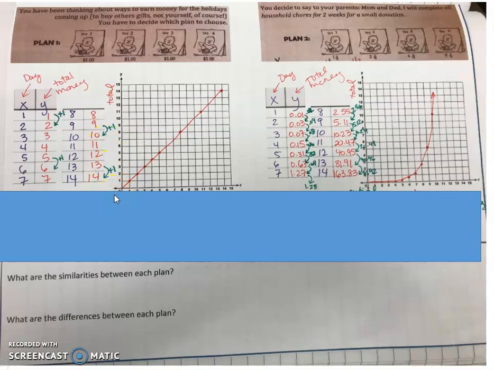For every single day, you get another $1, so you're just simply adding 1 to the previous day. For Plan 2, however, if you look at day 1, you started off with 1 cent. On day 2, you got 2 additional cents, so you doubled that amount, but now you add that to the amount you already have, you now have a total of 3 cents.